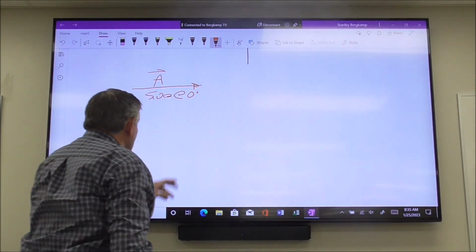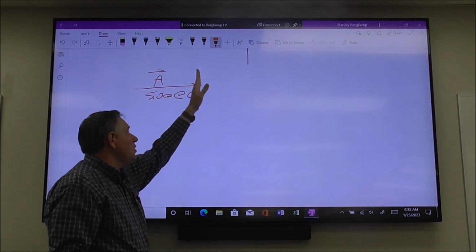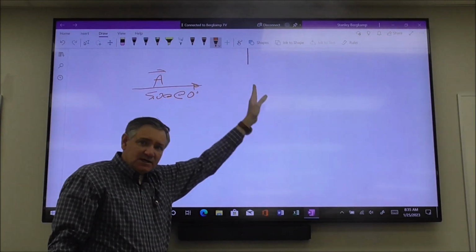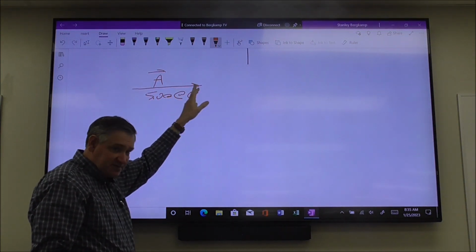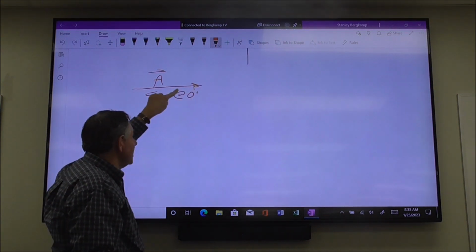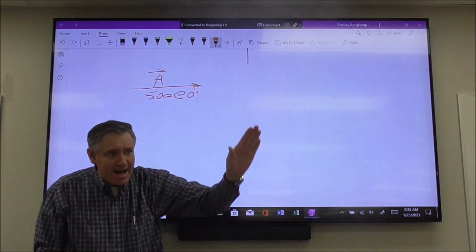But when you draw that line 5 centimeters, don't put the arrowhead on the end and make it even longer. Make a line 5 centimeters long and then put the arrowhead so that it doesn't extend past the 5 centimeters.